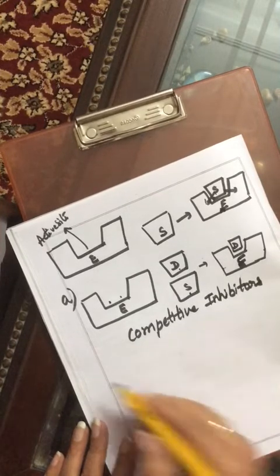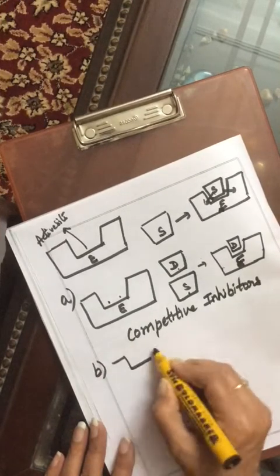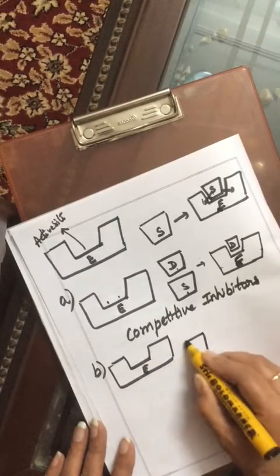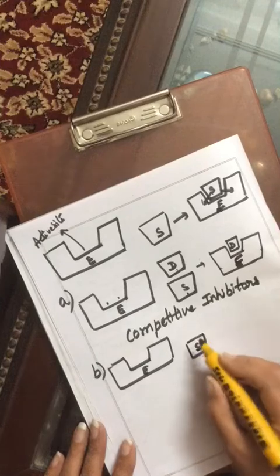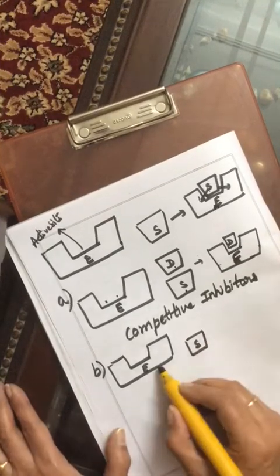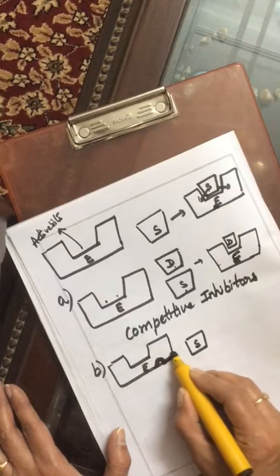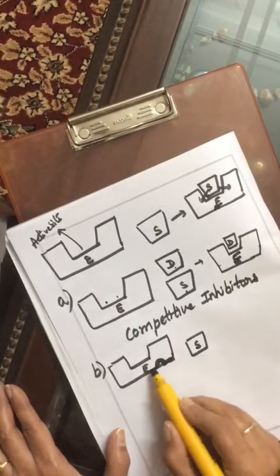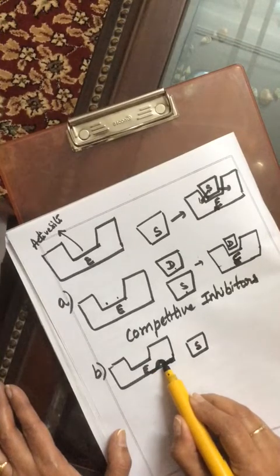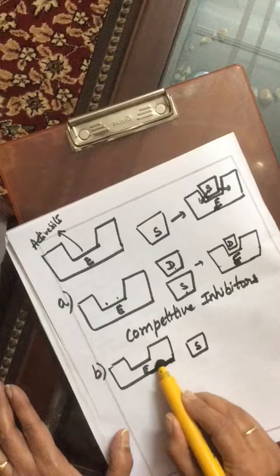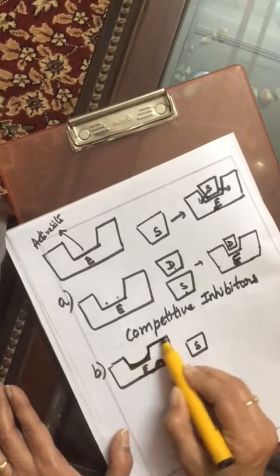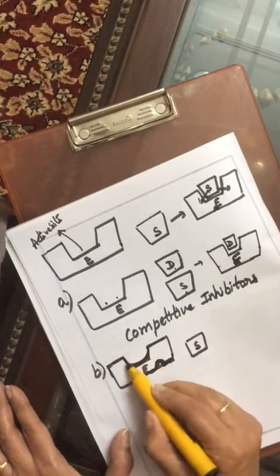Now, sometimes the drugs, this is the enzyme, this is the substrate, will not compete with a substrate. Instead, it will link at some other site in an enzyme, not at this active site, and change the shape of the enzyme at the active site.